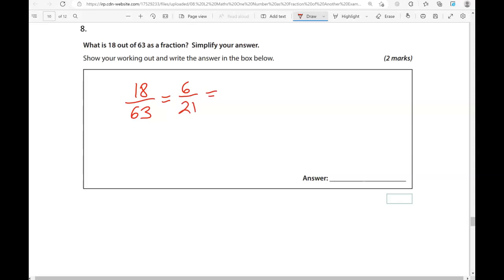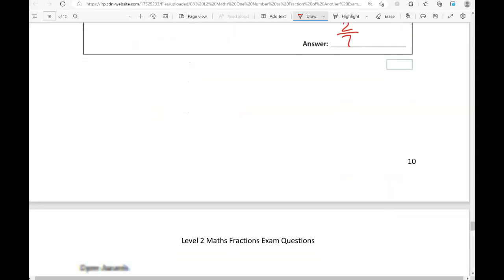We can divide by 3 again, and that gives us 2 over 7. And we can't go any further, because if we divide 7 by 2, it gives us 3.5, which is a decimal, not a whole number. So 2/7 is the answer.